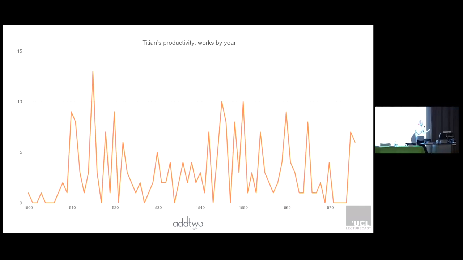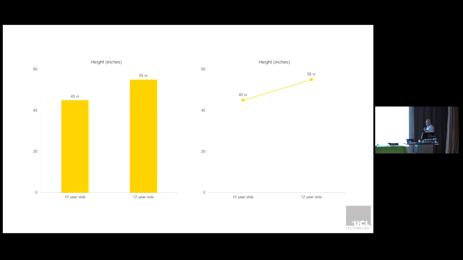And once they start reading the numbers, understanding what they mean, they have this context. But it's also going to guide where they look. That first glance is going to make you see this peak. In about 1515, when Titian finished his apprenticeship, moved back to Venice, and you're going to start wondering what he was doing in that year, why it was important. And here is where we really hit the nub in terms of visual storytelling with data.